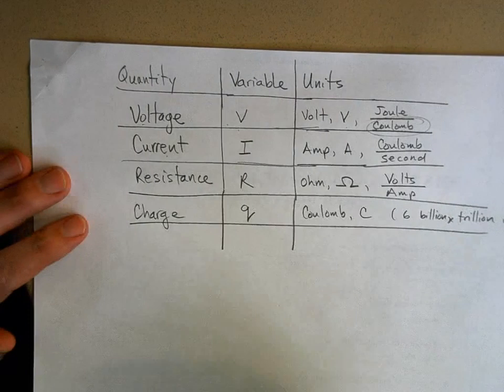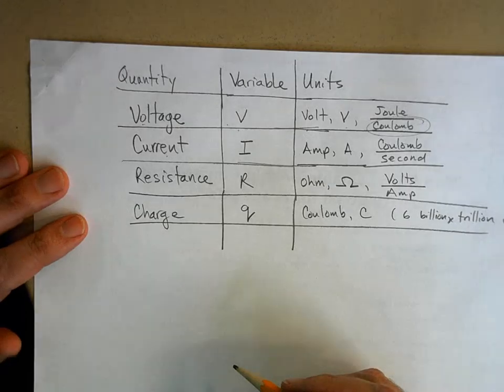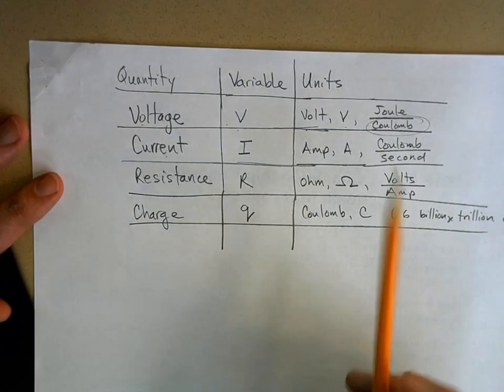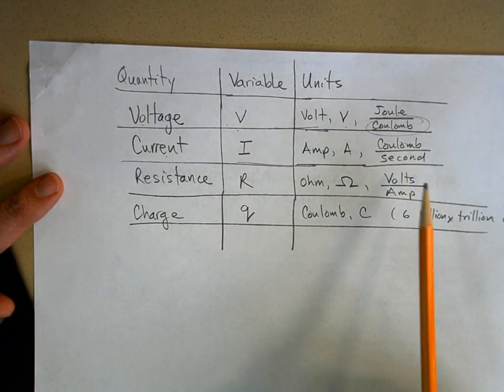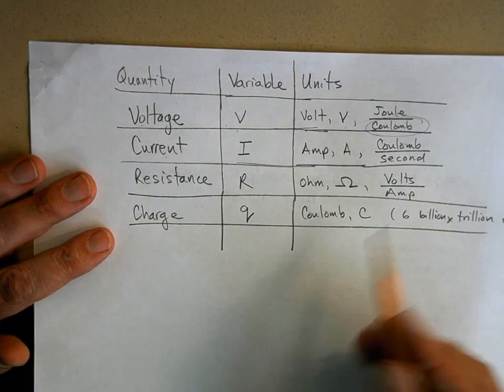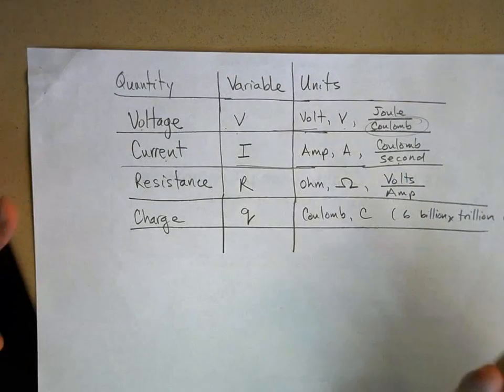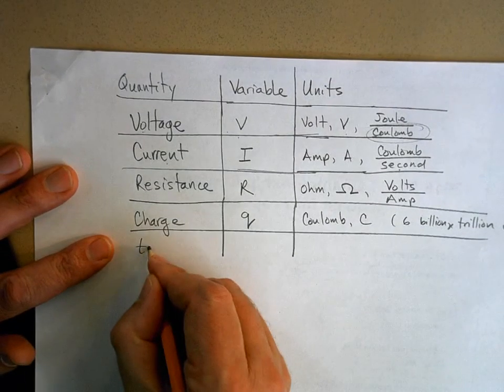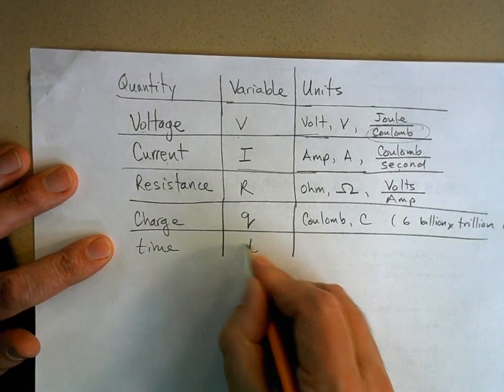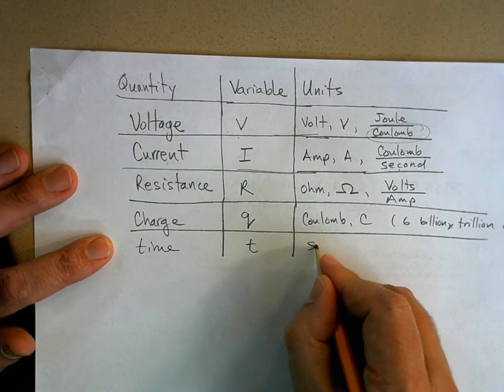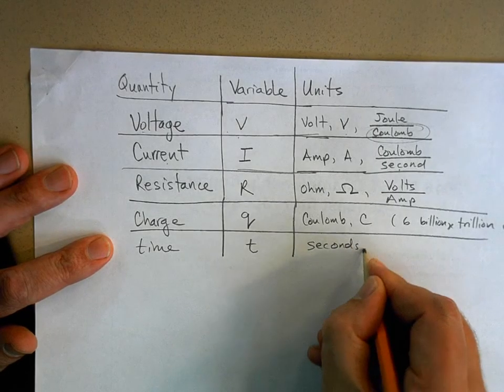Let's see. Joule per coulomb, coulomb per second. I don't know. We could get a little bit crazy here and say seconds. We have time. Sure, why not? Time. We use the letter T for time. It's measured in seconds. It's a fundamental unit like that.